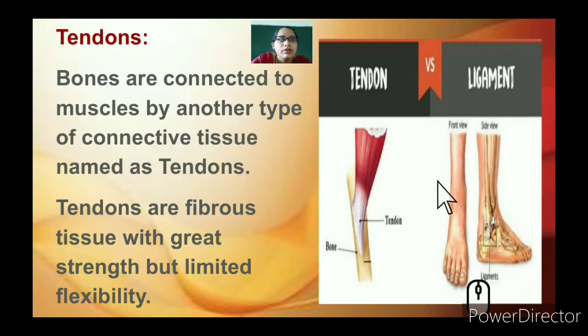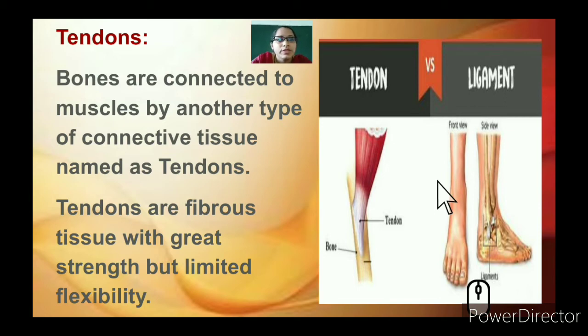So the next example of connective tissue is the tendon. Let's understand what a tendon is. First, what is a ligament? A ligament is a connectivity between two different bones. Two bones need to be attached, and the non-flexible bones gain elasticity with the help of the ligament. But the difference is that tendons connect bones to the muscles.